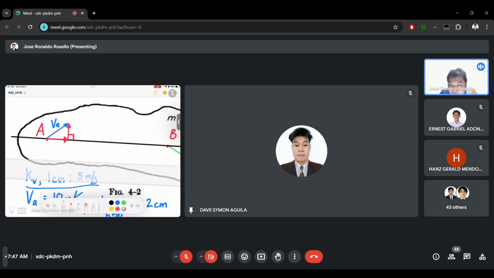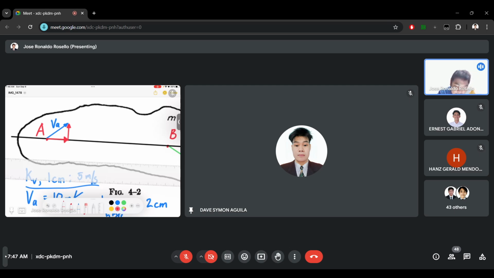Once we have this intersection, we will have the other vector. So we have resolved the given vector into two vectors. The first one is perpendicular to the line, and the other one is along the line. Okay?